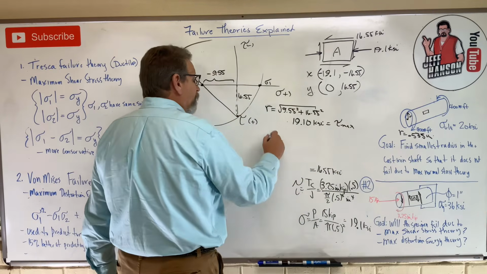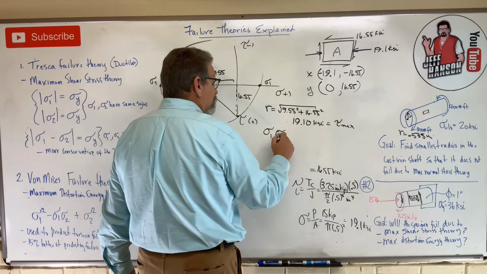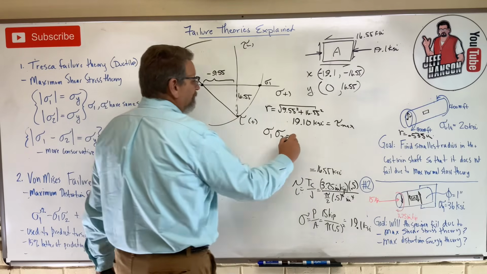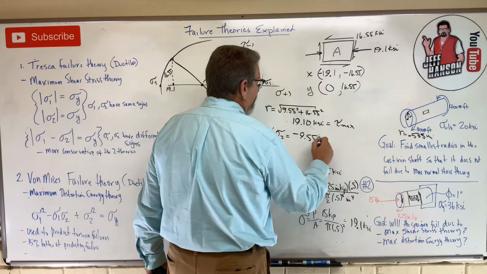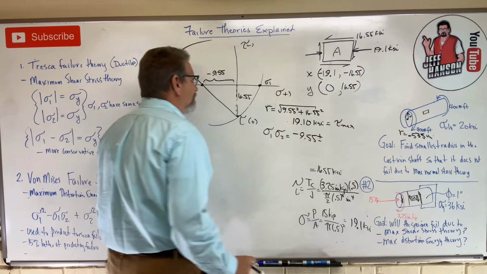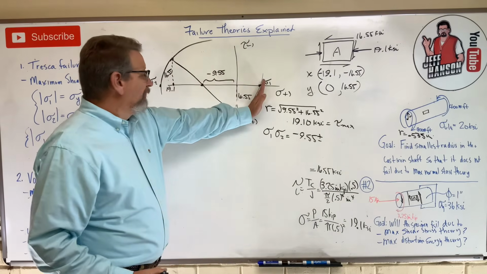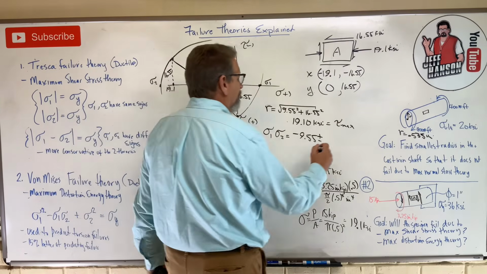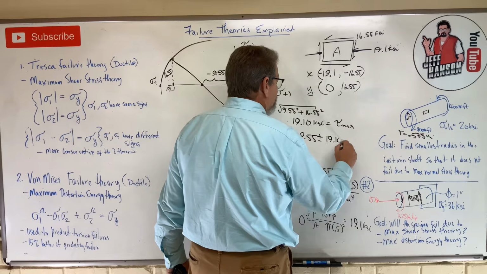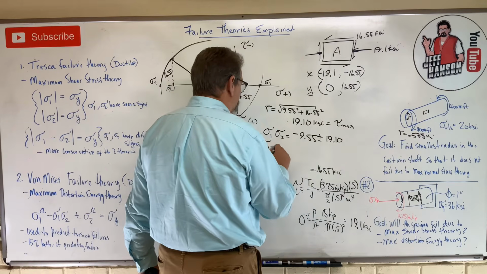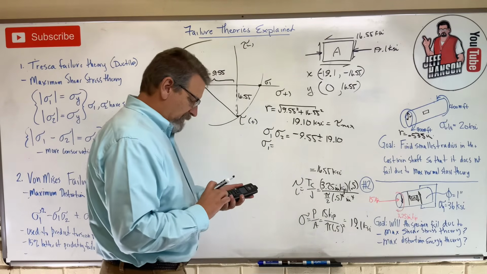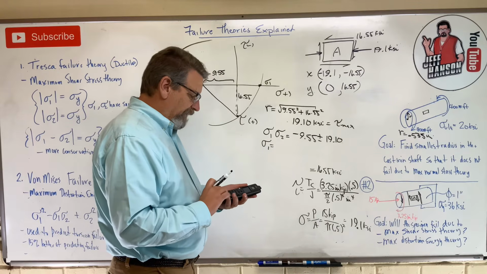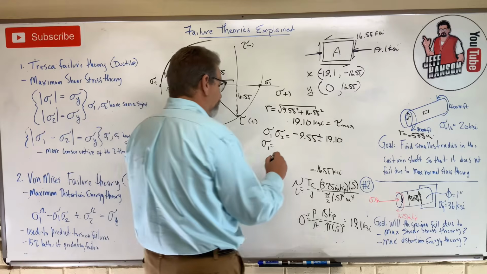Okay. And remember, sigma 1 and sigma 2 are equal to what? The center point, minus 9.55, plus or minus, right? Sigma 1 is plus a radius, sigma 2 minus a radius, right? So 19.10. Okay, so here we go. Sigma 1 is what? 19.10 minus 9.55.